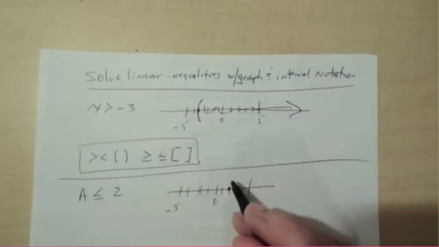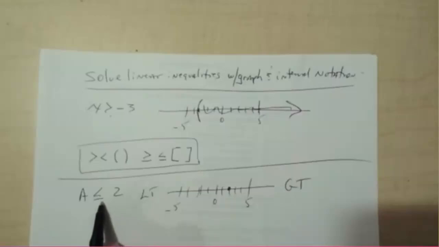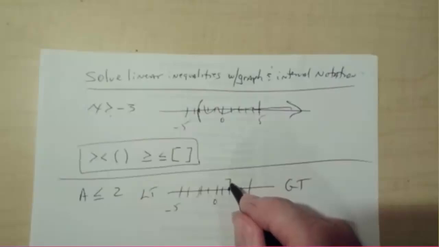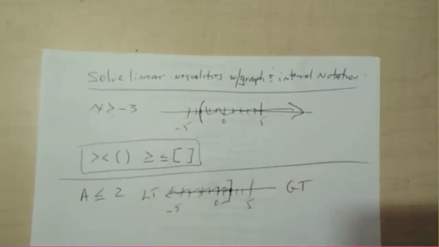Which way is less than? Less than is that way. Greater than is that way. Now, we're less than or equal to. So less than or equal to, we use brackets. And that way. Is 0 less than 2? Yes, so we went the right way.